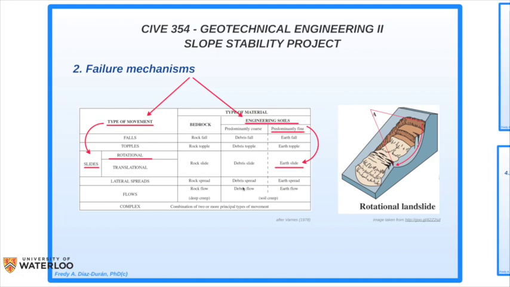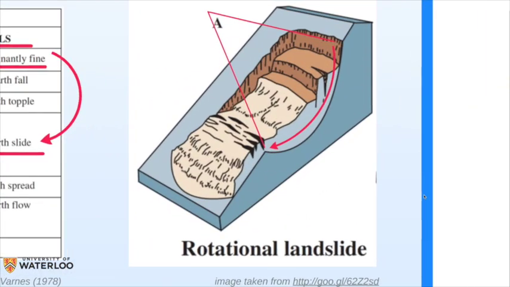Dr. Cascante is going to explain this in more detail, but what you have to know now is that for the slope stability project, we are dealing with rotational movement, which is basically like this image here.